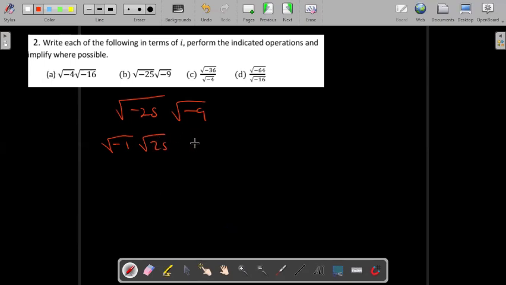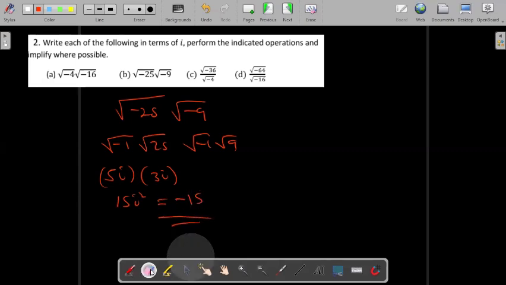I'm sure that step we know where we're multiplying, where this is coming from. Same -1, then you have 9. Of course, this is just going to be 5i, and that there is going to be 3i. When you multiply this, you just get 15i squared, and this gives you -15. So that's what you get there.